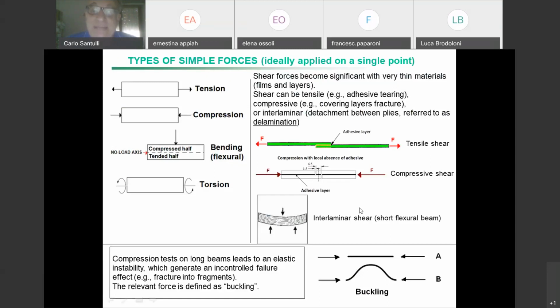Then you have interlaminar. Interlaminar, you may know that in composites like fiberglass, carbon fiber composites, or Kevlar fiber composites, or in wood when it's used in furniture, we have laminates. And laminates may get detached after a while, because they move, and usually the detachment is due to bending, especially if the area is quite small.